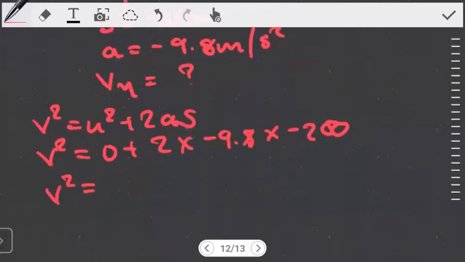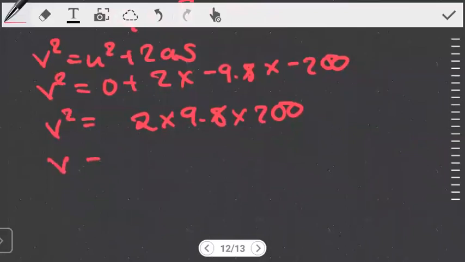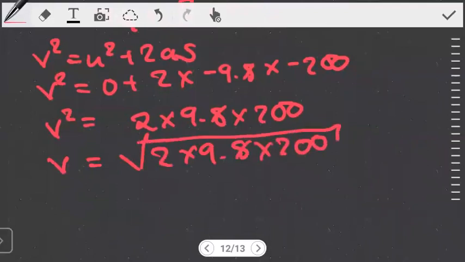Not the square root just yet. So this is going to be positive 2 times 9.8 times 200. And then we get the square root of that, the square root of 2 times 9.8 times 200. If we evaluate this, we're going to get v as 62.6 meters per second.